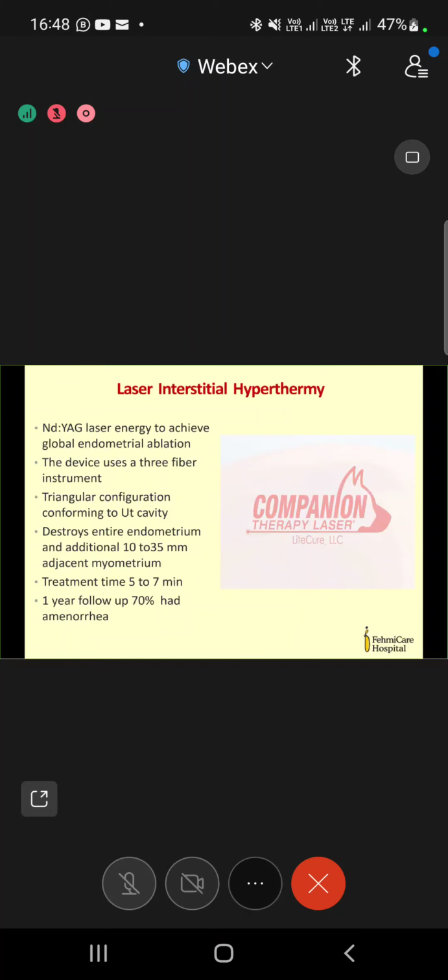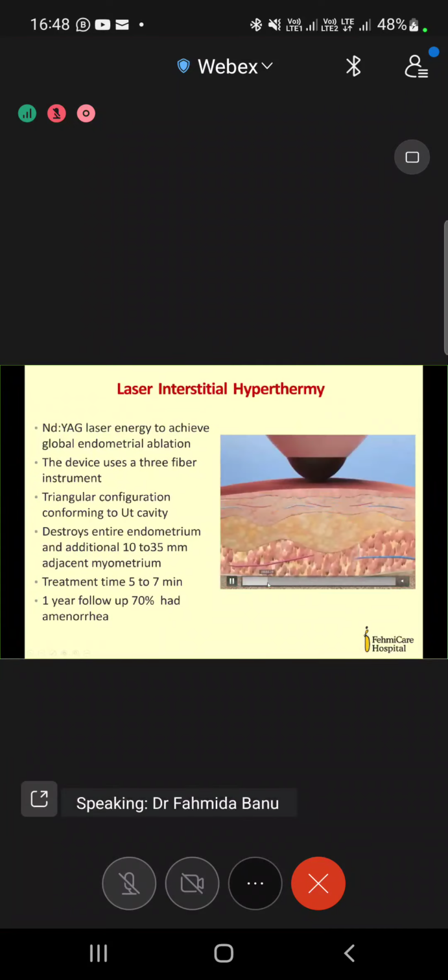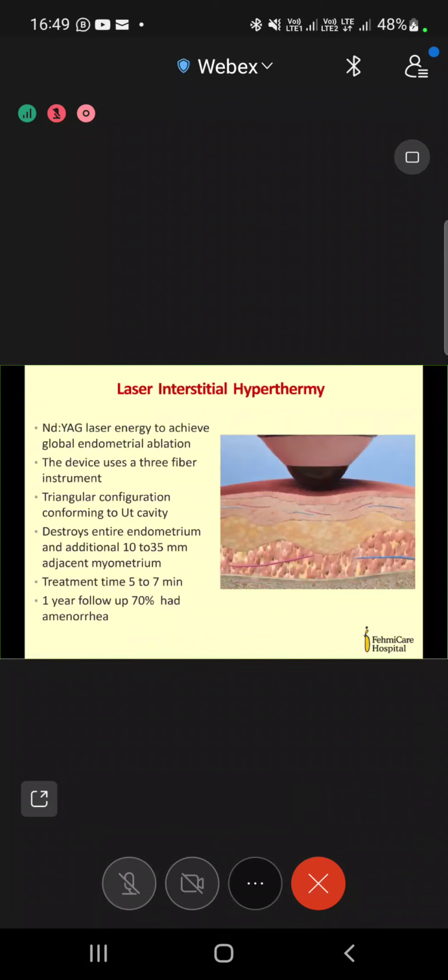The treatment time lasts 5 to 7 minutes, and in 1 year 70% of the women will become amenorrheic. The energy source is laser, and the patient satisfaction is almost 80% in these techniques.